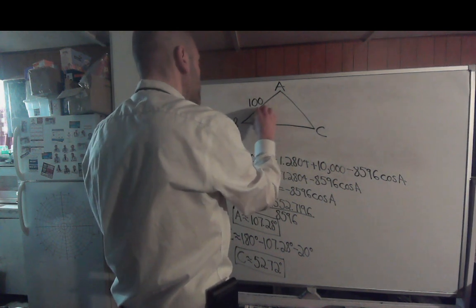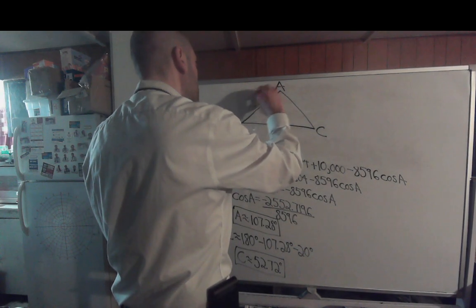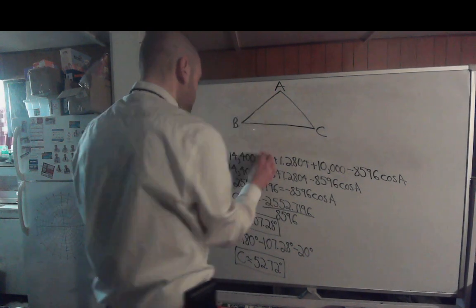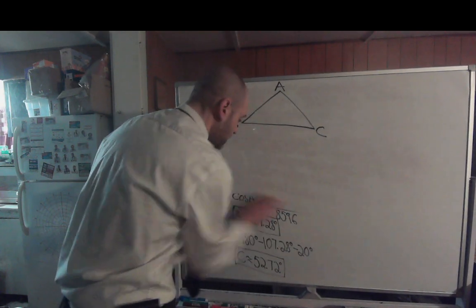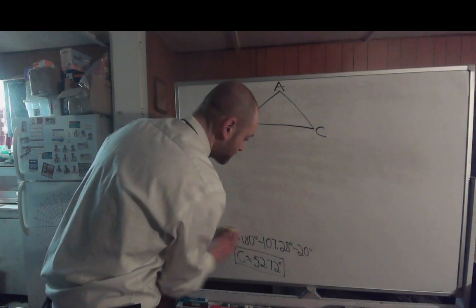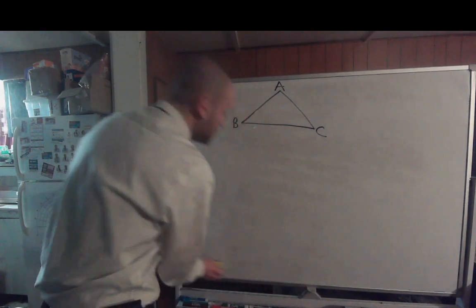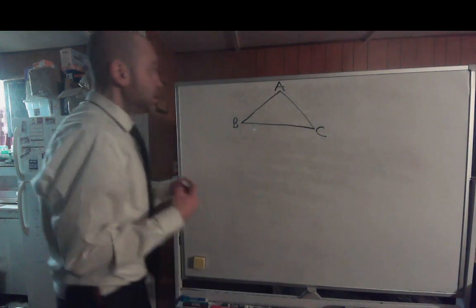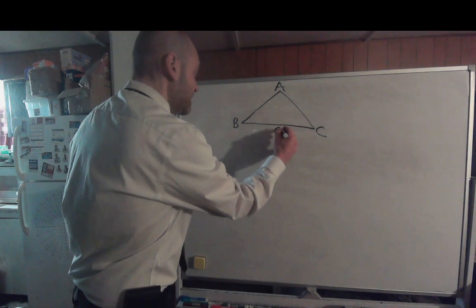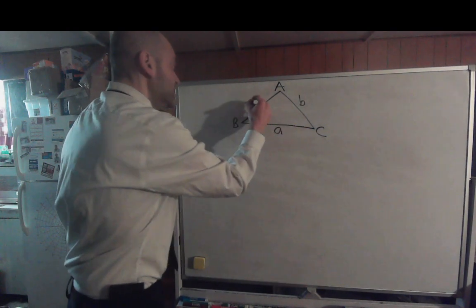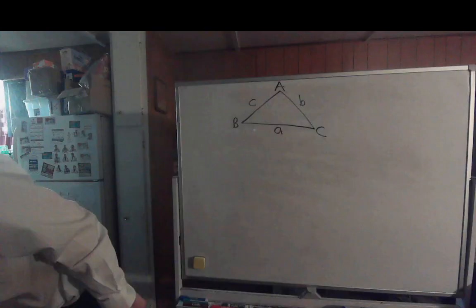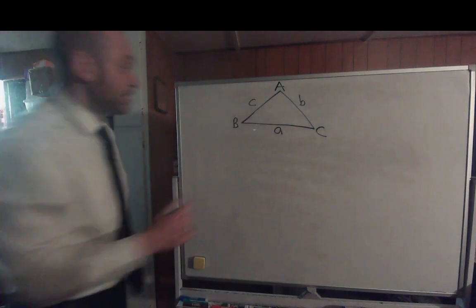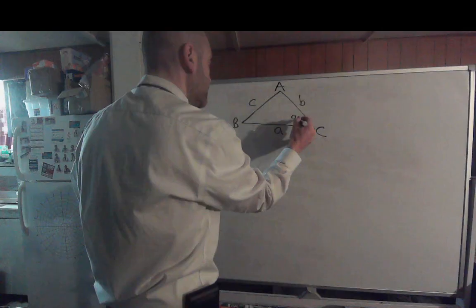I'm going to set up another one here. Alright, here's side A, here's side B, here's side C. Let's see what we're given this time. Angle C is 95 degrees.